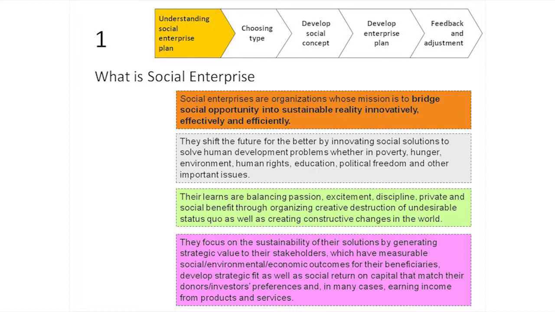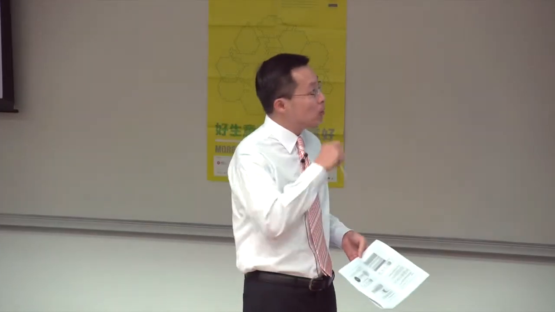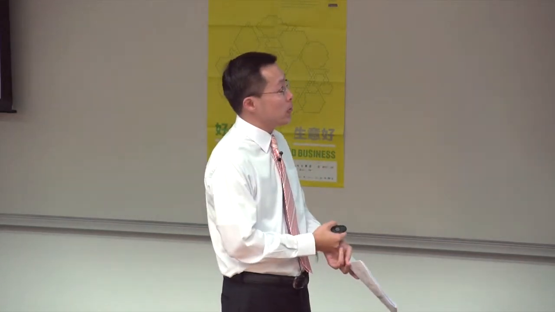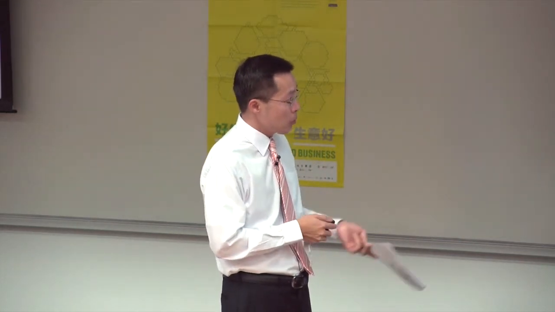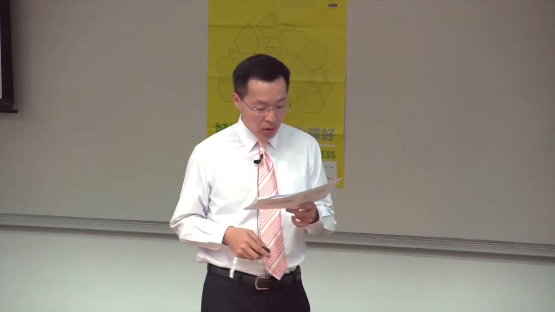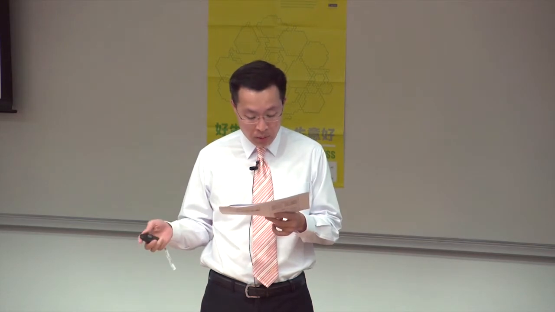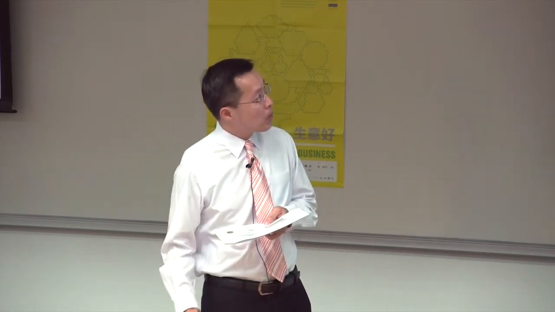The mission is to bridge social opportunity and to get into sustainable operations for solving the problem innovatively, efficiently and effectively. So those are some definitions or background of the social enterprise that you can rely on. But the most important part is here.